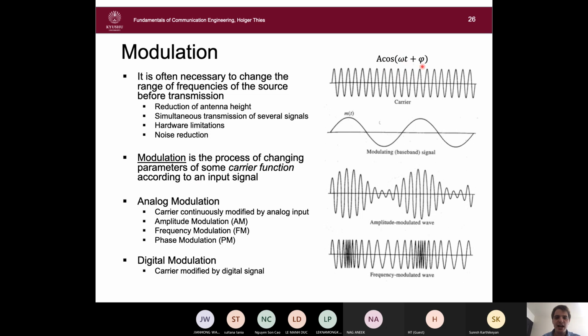And we can also shift the wave a little bit, which is the phase. So there are three parameters called amplitude, frequency, and phase, and those are the most important parameters in modulation.